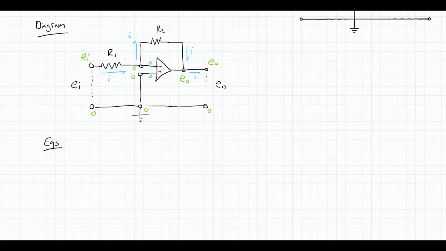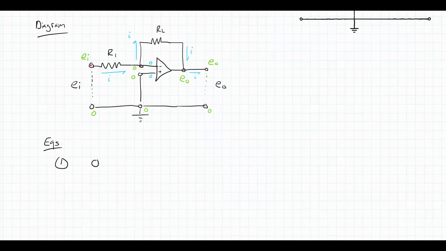So using nodal voltages, let's start with this pair first. I'm going to look at going from this node Ei to this node of 0. So I know that the voltage drop, this is going to be my equation 1, I'm going to go from the end point back to the start point.